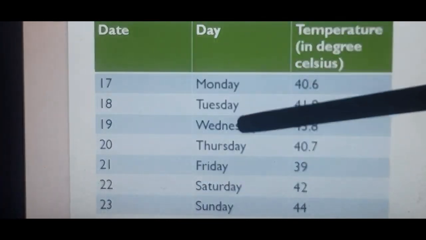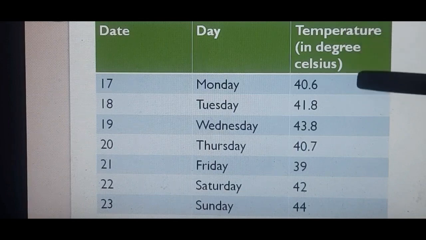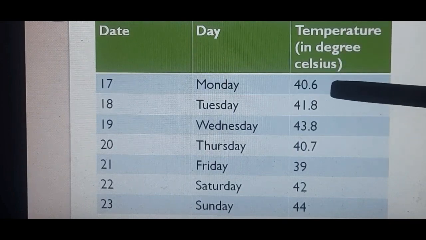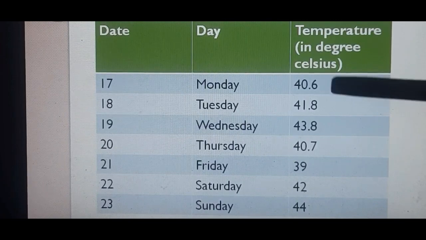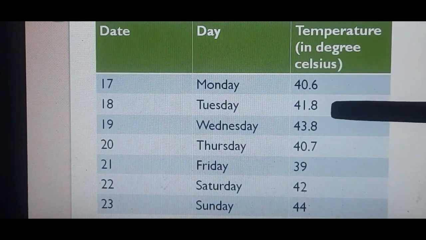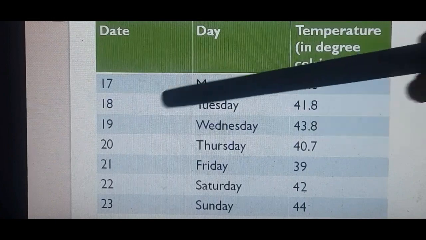Days are written Monday, Tuesday, Wednesday, Thursday, Friday, Saturday and Sunday. And then temperature in degree Celsius. This is the unit. 40.6. This is the maximum temperature on 17 June, that is Monday. 41.8 on 18th June.